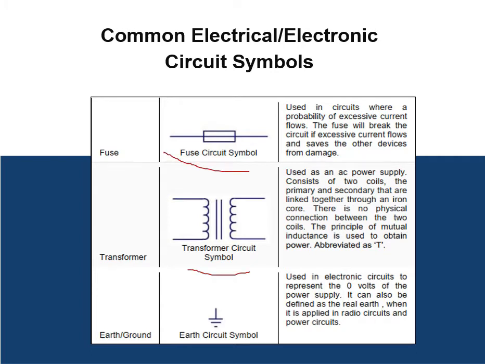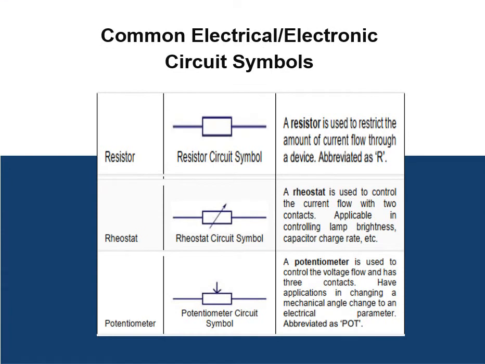Transformer circuit, earth ground. Resistor: it is used to restrict the amount of current flow in a device, abbreviated as R. Rheostat and potentiometer.